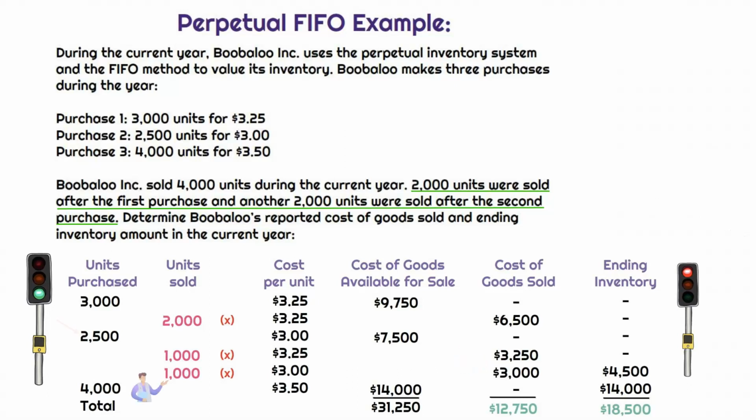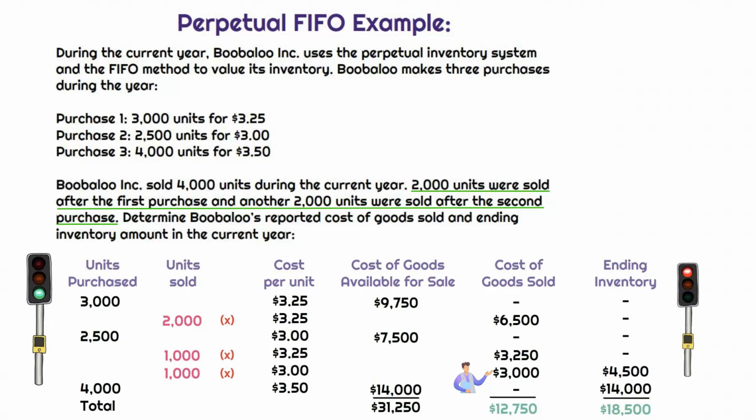We still have another 1,000 units that remain, so now we go to the second purchase, the 2,500 units purchased at $3. We record cost of goods sold for the remaining 1,000 units from this 2,500 at the per unit cost. So 1,000 multiplied by $3 per unit gives us another cost of goods sold of $3,000.